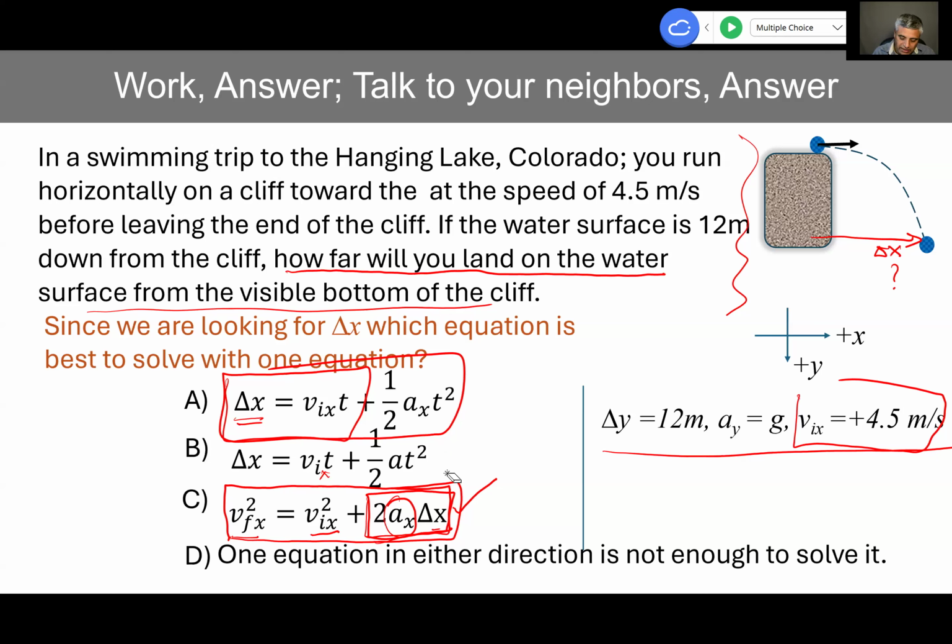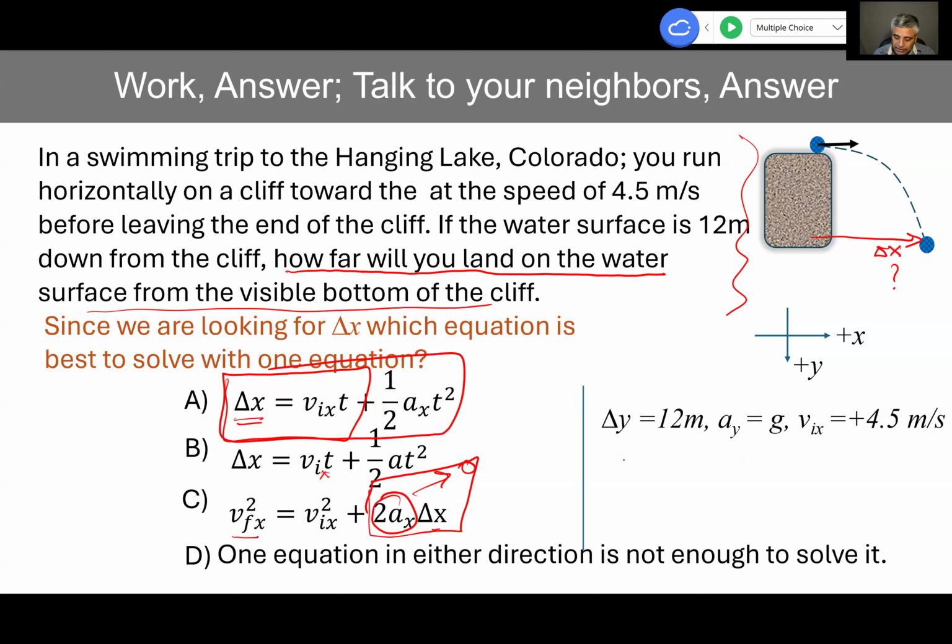So why not C for delta x? If you use this equation, you cannot solve for delta x, because ax is 0. Once you put in 0, delta x is not going to be in the equation. Yes, you can rearrange it, so that is delta x.